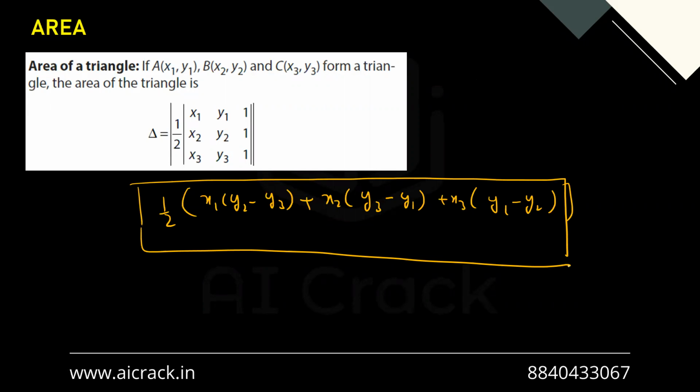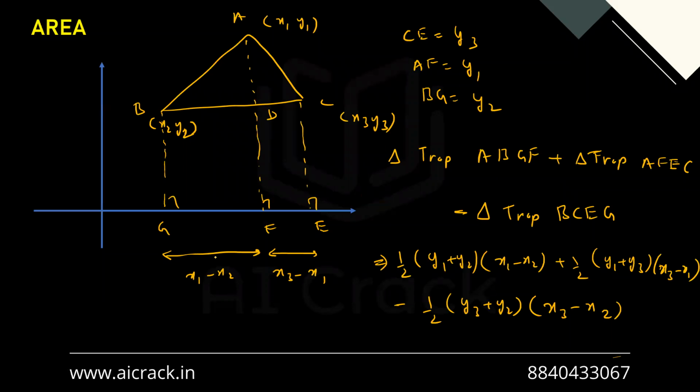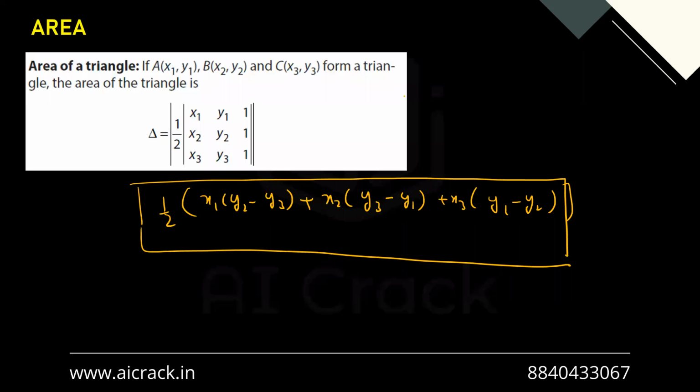Now one thing over here: we have derived this formula by considering these points as cyclical, by placing them at the right place, right? x1 y1 is this one, x2 y2 is this one, x3 y3 is this one. We have derived this formula with this particular orientation. Now sometimes you'll be given some points but you will not arrange them cyclically, and you will misarrange them. In such a case, we'll get the answer as negative.